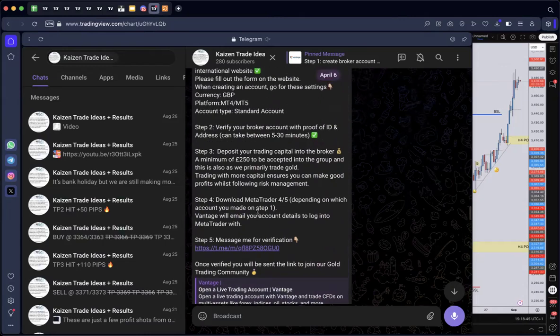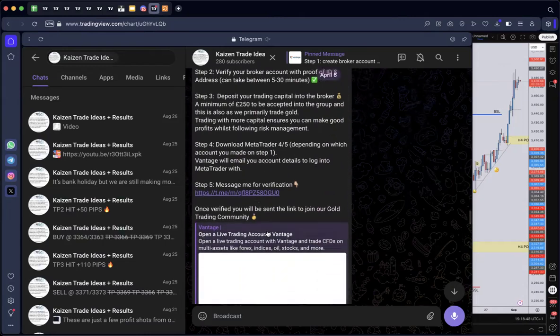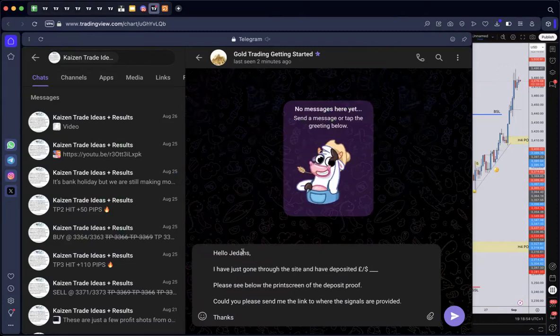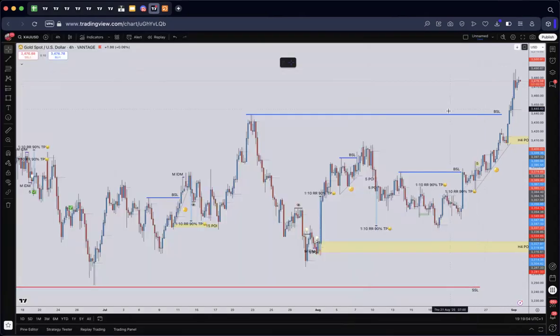You just need to fund your account, minimum £250, and then message this chat to get your verification done. Okay, so it's literally just to me, and then verifies that you've deposited, and then you get put into the group. That's how simple it is. Nothing more complicated than that. There's no hidden fees. You just literally get put into the group. You trade. As long as you're under the referral link, you're good to go. That's literally it. So hopefully that makes more sense.